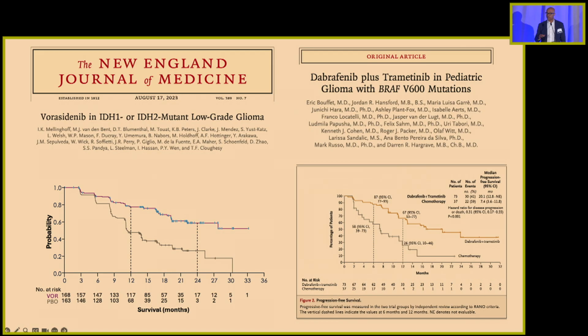And what this trial found is that the patients treated with targeted therapy had longer progression-free survival and less need for a second intervention. So very much, as we now know for IDH mutant tumors, our patients who have BRAF mutant tumors, we should be seriously thinking about BRAF antagonist therapy for those patients.